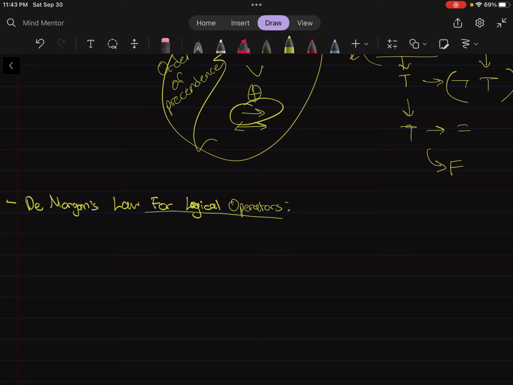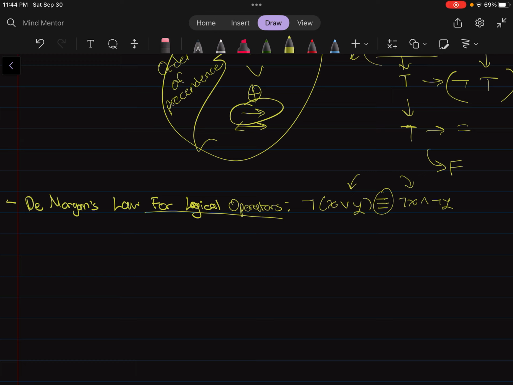So basically what De Morgan's law for logical operators states is that if you have a statement not (x or y), it is logically equivalent to the statement not x and not y. The three bars in this case represent logical equivalence, so it means whatever's on the right-hand side has the same truth table as whatever's on the left-hand side, right?